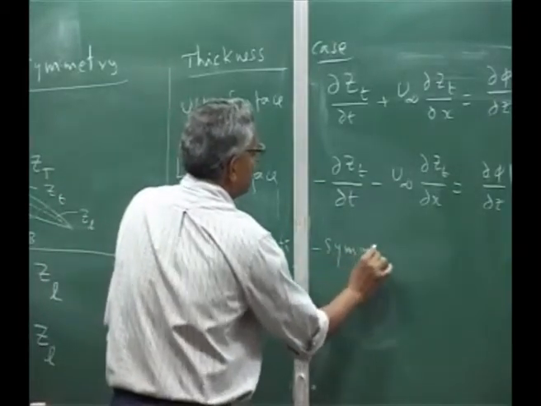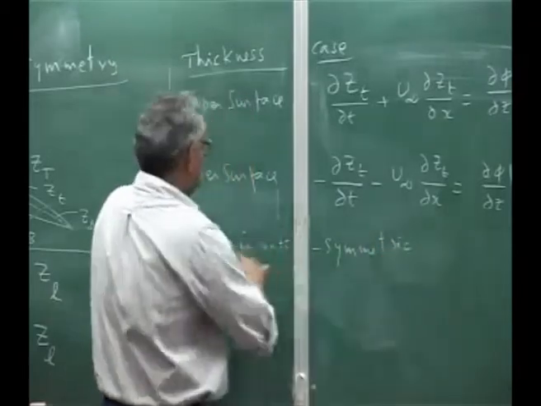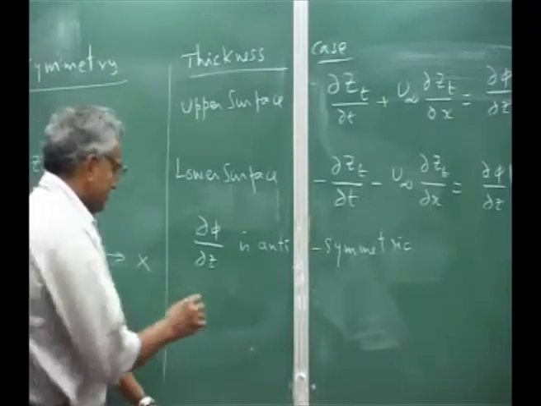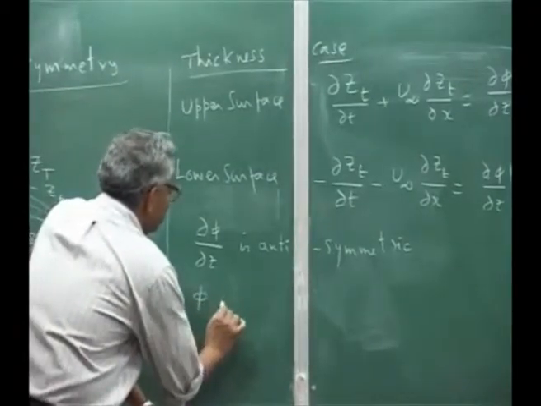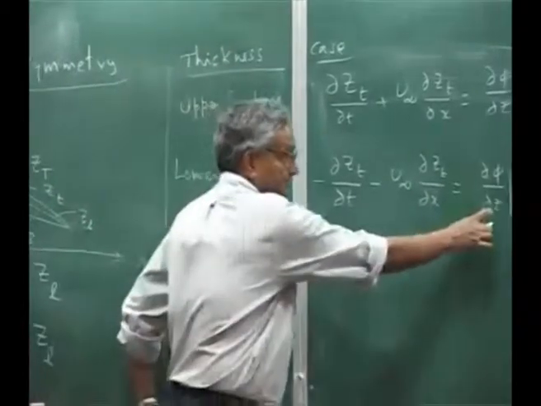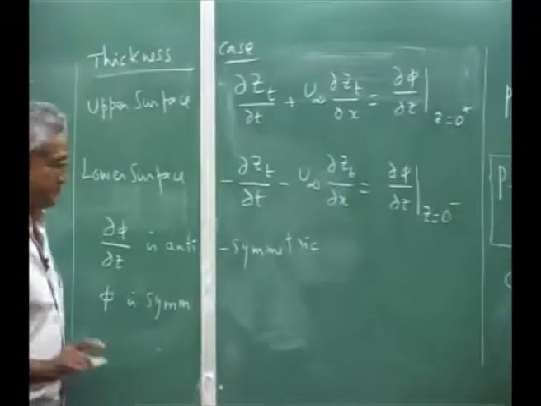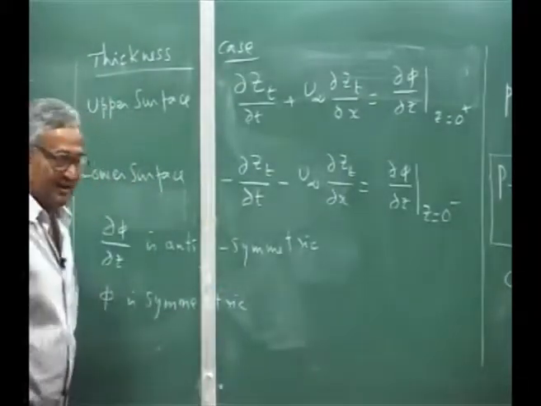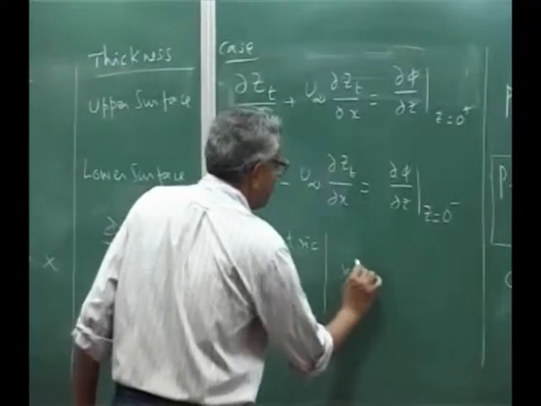If this is antisymmetric, phi is symmetric. Phi is symmetric with respect to what? Only with respect to Z. Antisymmetry, symmetry with respect to Z.